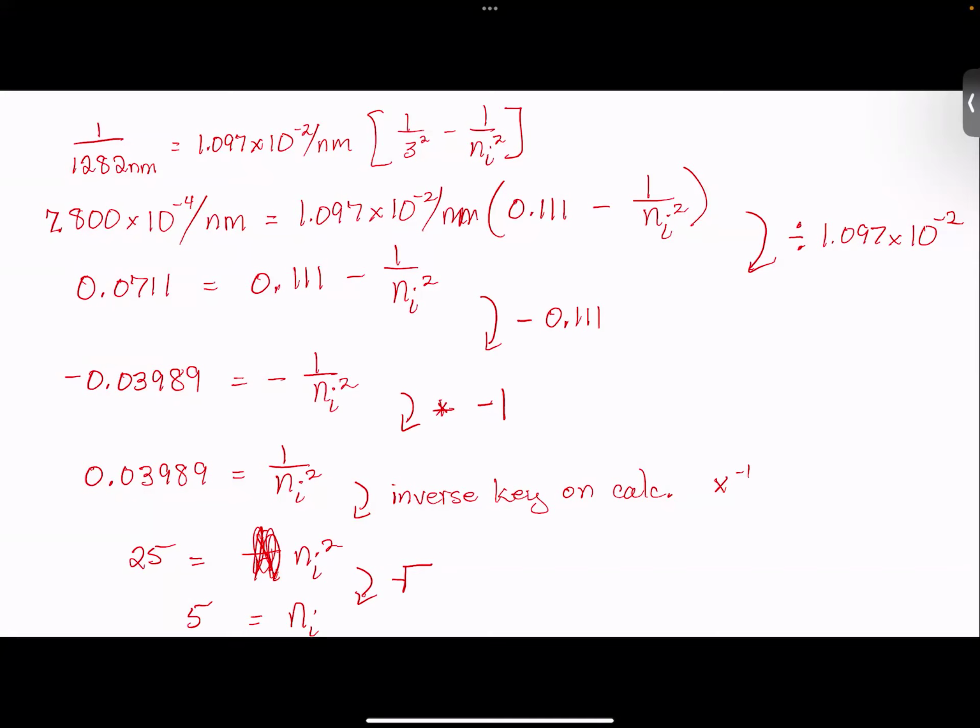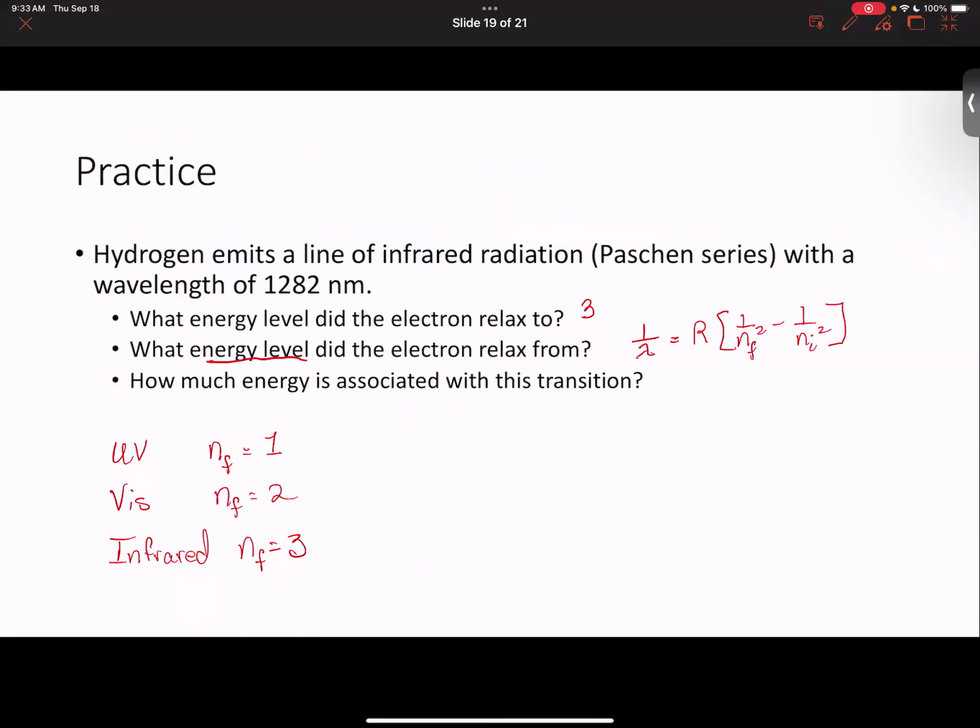What this means, with respect to the energy associated with this electron, is we have our nucleus. Surrounding the nucleus are these energy levels.